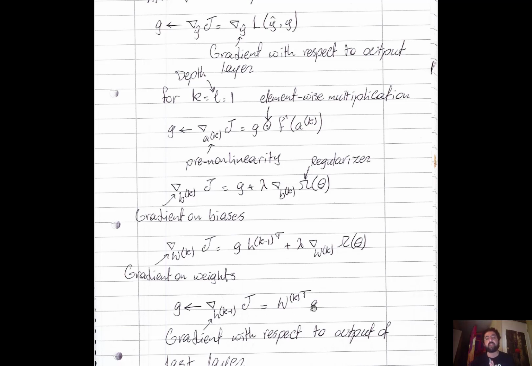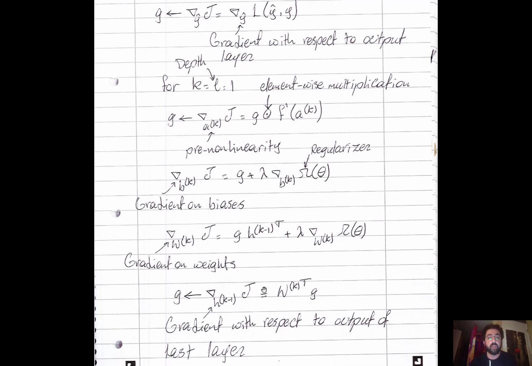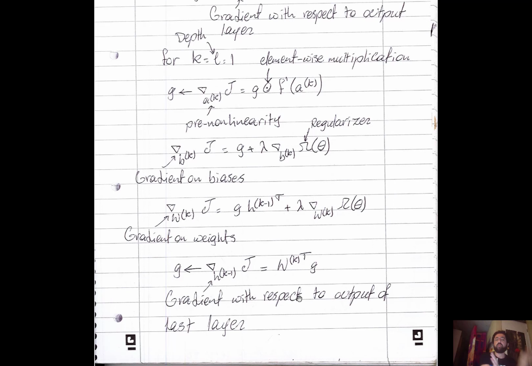Because G here is the gradient with respect to the A of K pre-nonlinearity, and the relationship of A of K with H is that it's equal to H times W. So the gradient with respect to H will be equal to W times the gradient with respect to A, right? So then we propagate to the last layer and then we go on with the for loop.